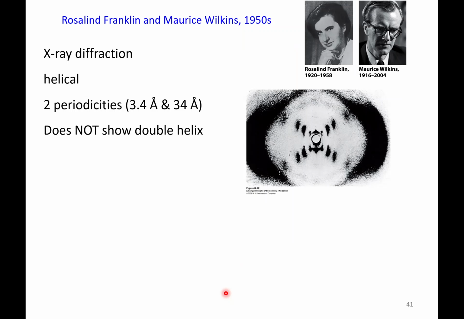And this slide details, we're going to talk about this slide in a little bit more detail at the start of next lecture, so I won't go into all the details. But it was in the early 50s that the actual structure of DNA was determined, and that was by X-ray diffraction.